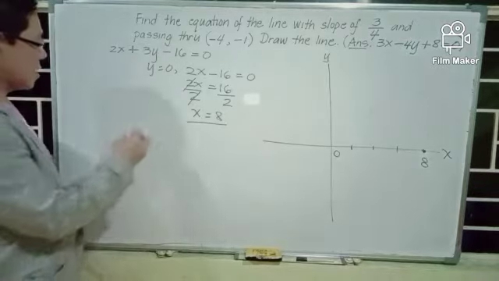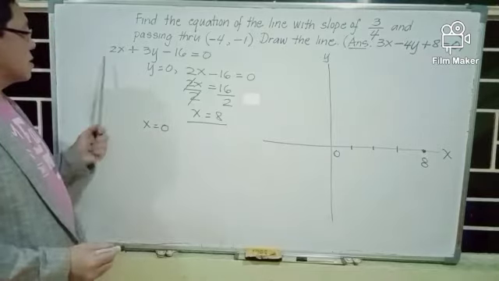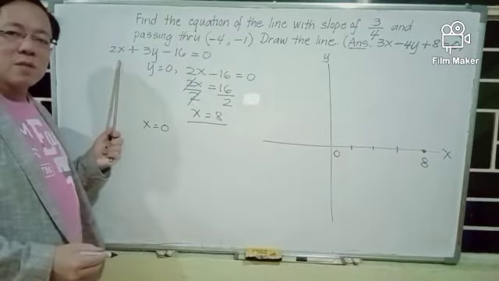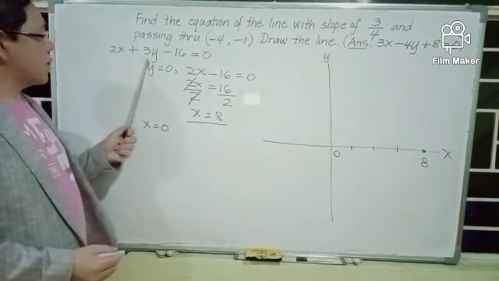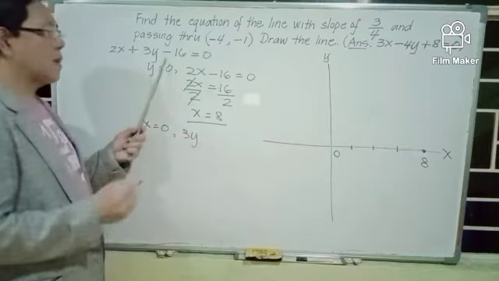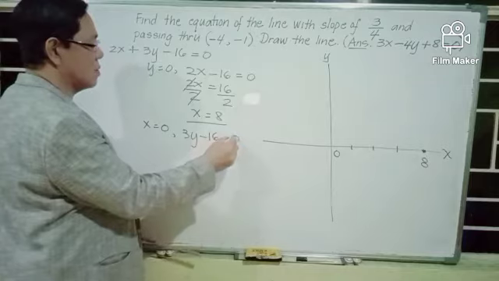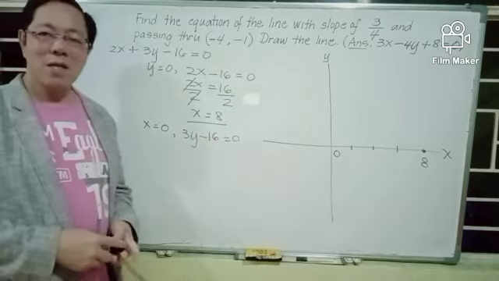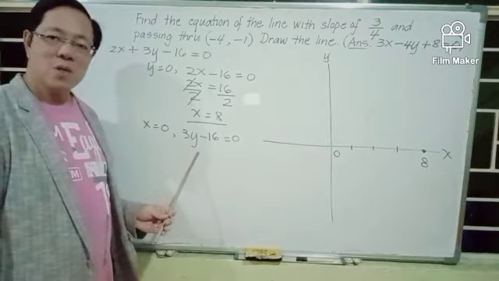We set x equals 0. If x is 0, 2 multiplied by 0 is 0. Hence, 2x will go if x is 0. And 0 plus 3y is 3y, minus 16 equals 0.